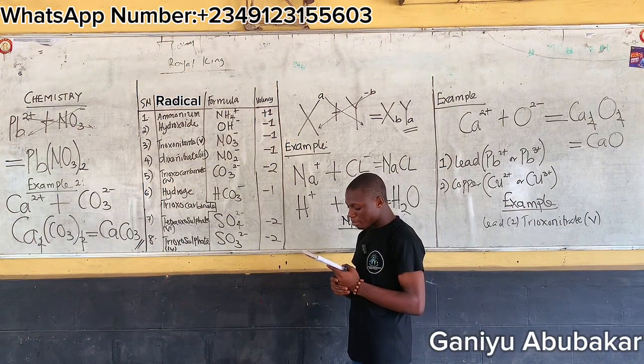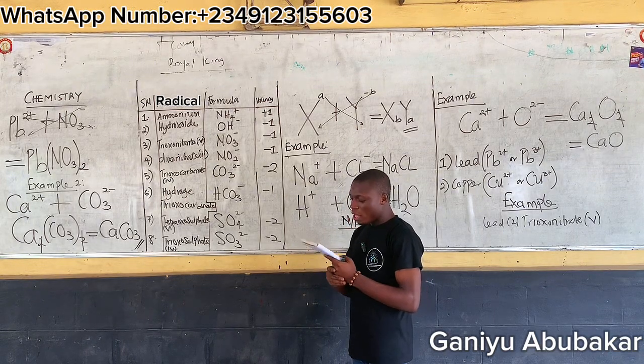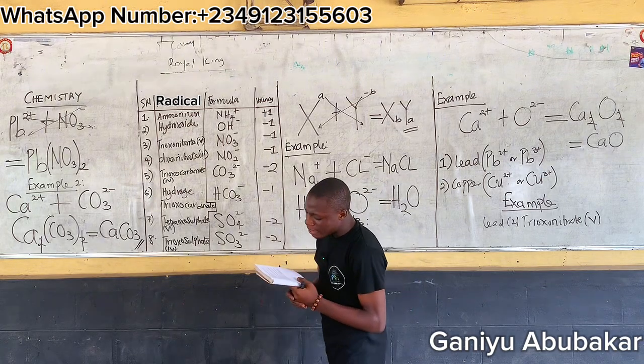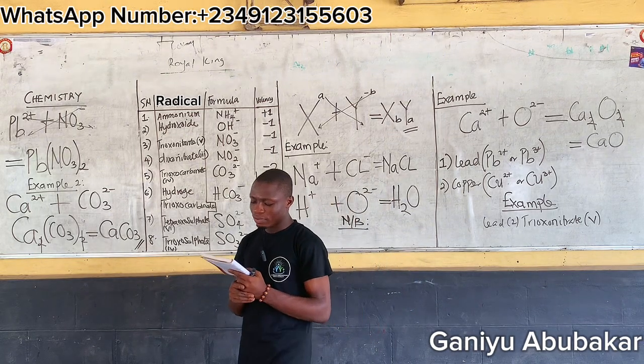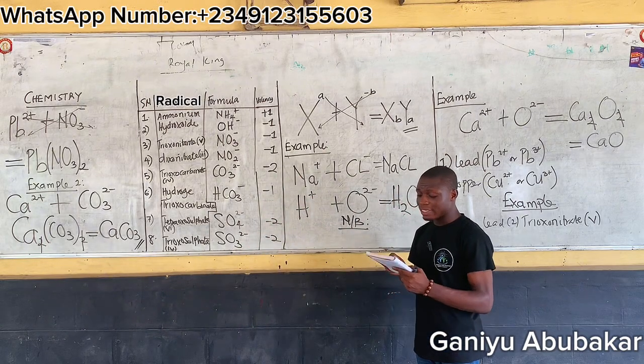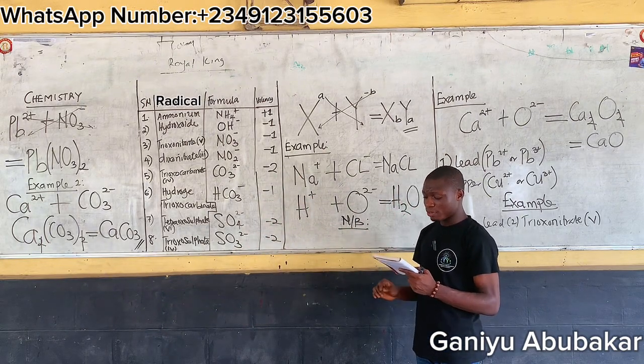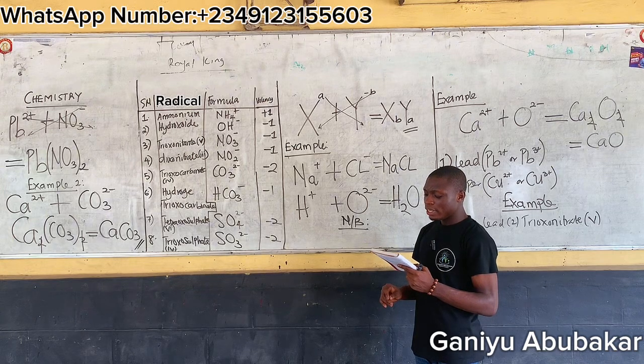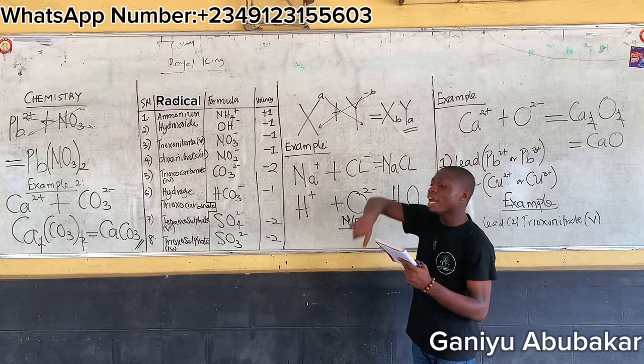It says, element X has 2 electrons in its outer shell.